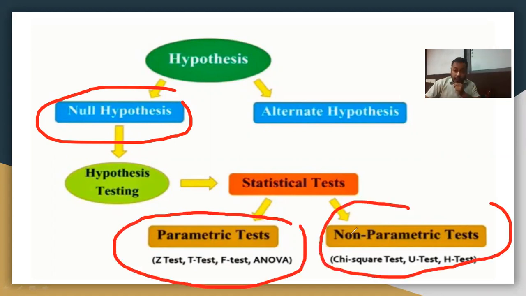In parametric tests, as I have said, there are several different techniques like Z-test, T-test, F-test, ANOVA, and in non-parametric tests also we have some techniques like chi-square test, U-test, H-test. At least you should know which one belongs to parametric or non-parametric.